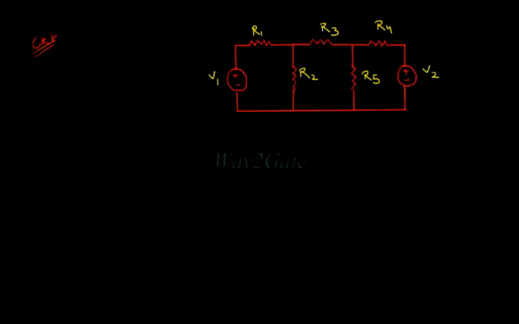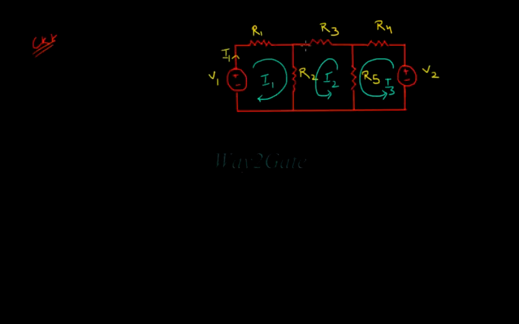Using that, consider voltage drop or rise across the voltage source. Let's consider clockwise direction in mesh 1. For mesh 2, we can take anti-clockwise direction of current I2. Similarly, for mesh 3, the current direction is taken as anti-clockwise.